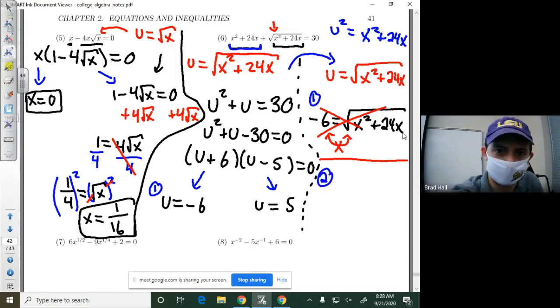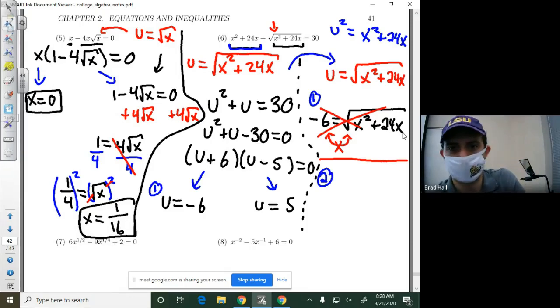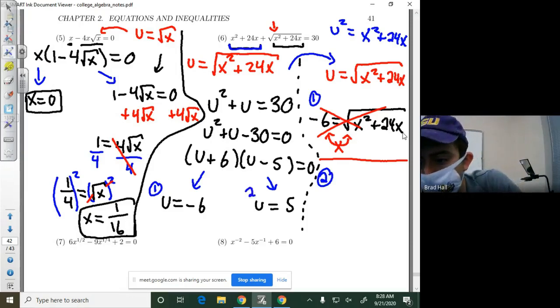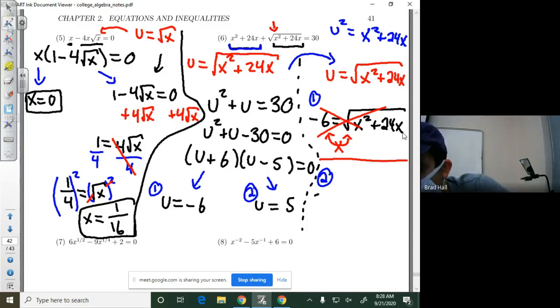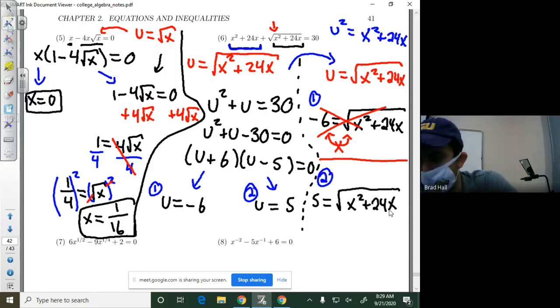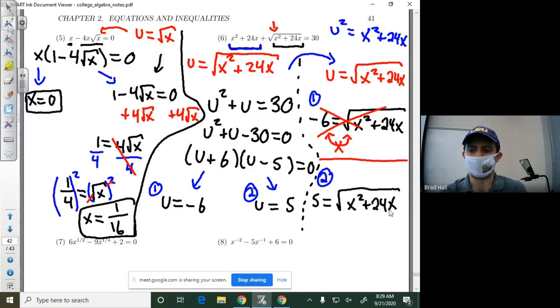And then for the second solution, this one will be fine. So u is equal to 5. That'll be the second one. So now we have 5 is equal to the square root of x squared plus 24x. And 5 is positive, so that means we can solve this as normal.